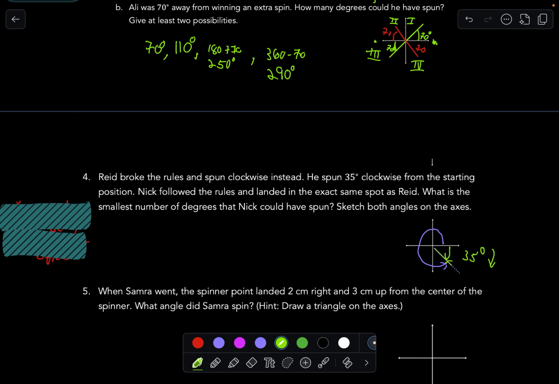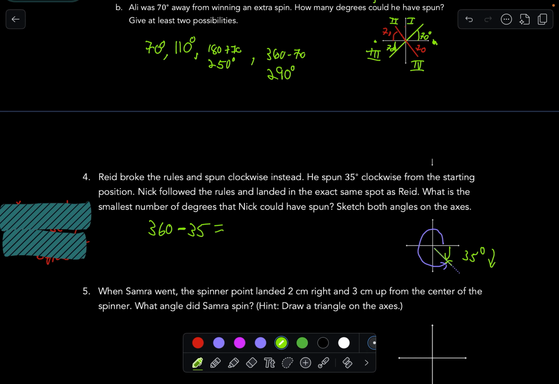Nick is the blue. So if this distance is 35, this is going to be 360 minus 35. We would have to go 360, that's the full circle, minus the 35, which was in the wrong direction. So Nick would be 360 minus 35, which is 325.